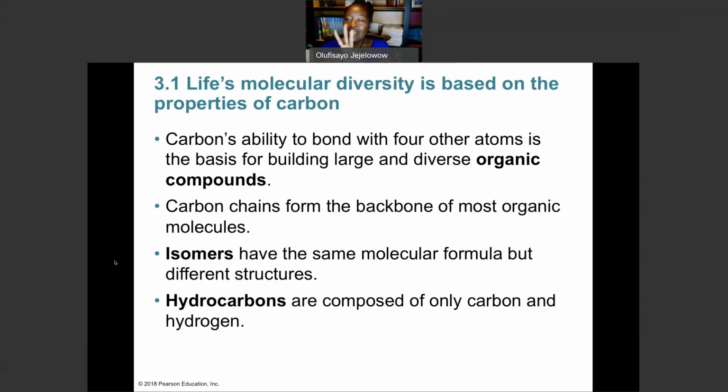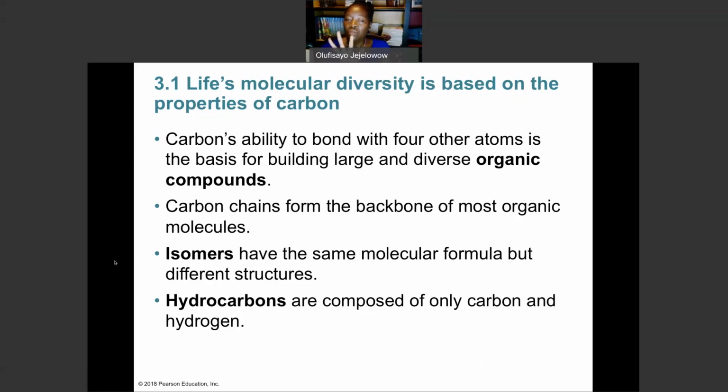So with 4 electrons in its outer shell, it needs 8. It can covalently bond with 4 electrons, 1, 2, 3, 4, with hydrogen or atoms of other elements.